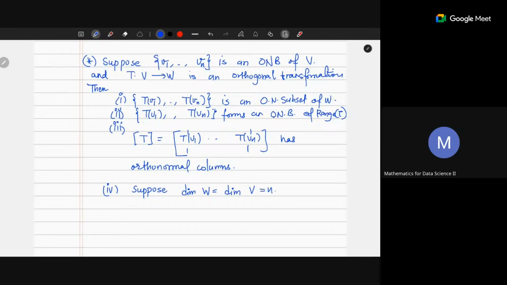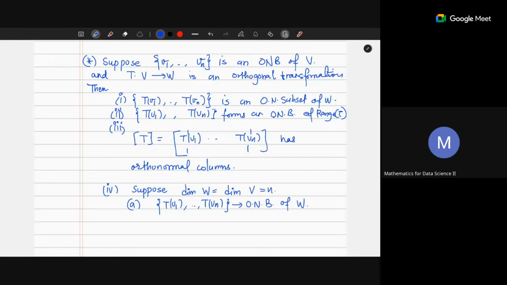So in that case, the images of the vectors Tv1 to Tvn become the orthonormal basis of W. Is there any condition that the dimension should be the same for this?